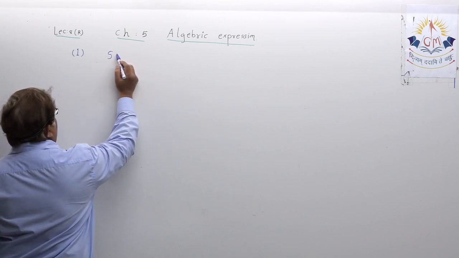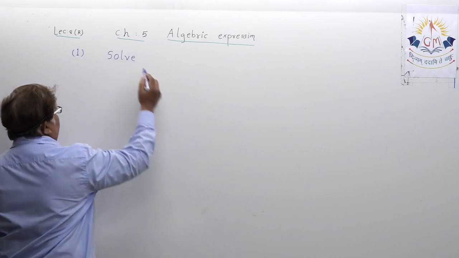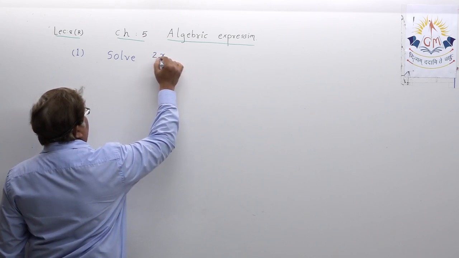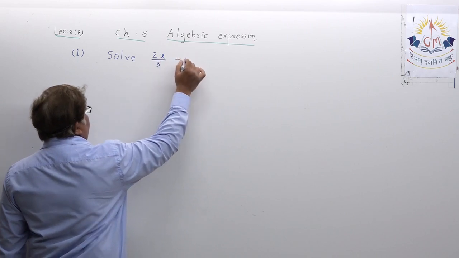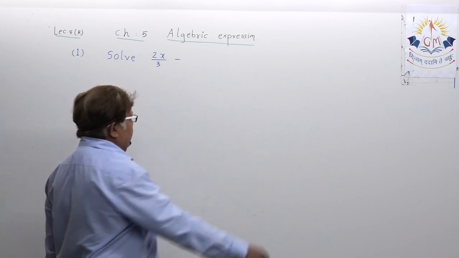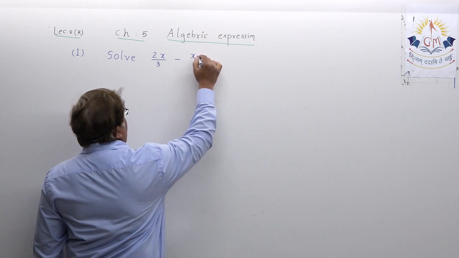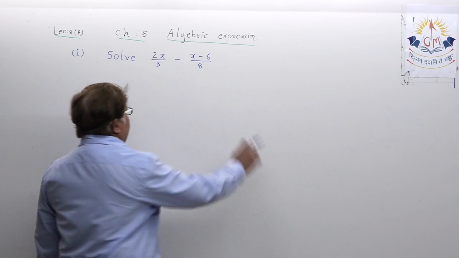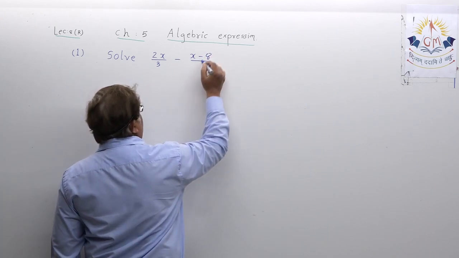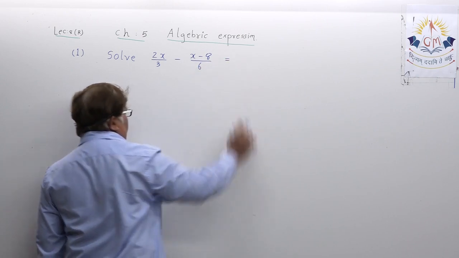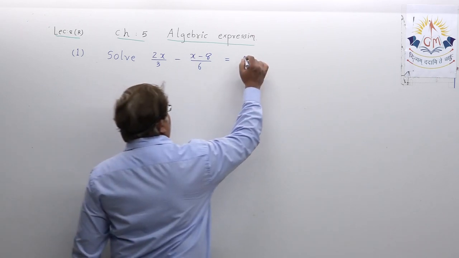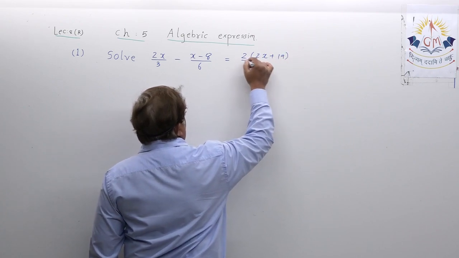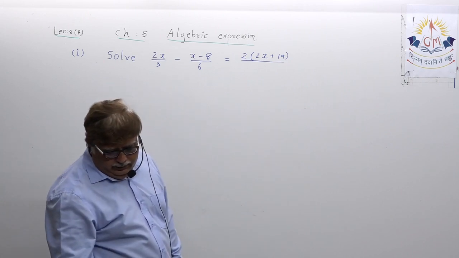Solve: 2x upon 3 minus (x minus 6) upon 8, that is 2x upon 3 minus (x minus 8) upon 6, is equal to 2 into bracket 2x plus 19 upon 9.